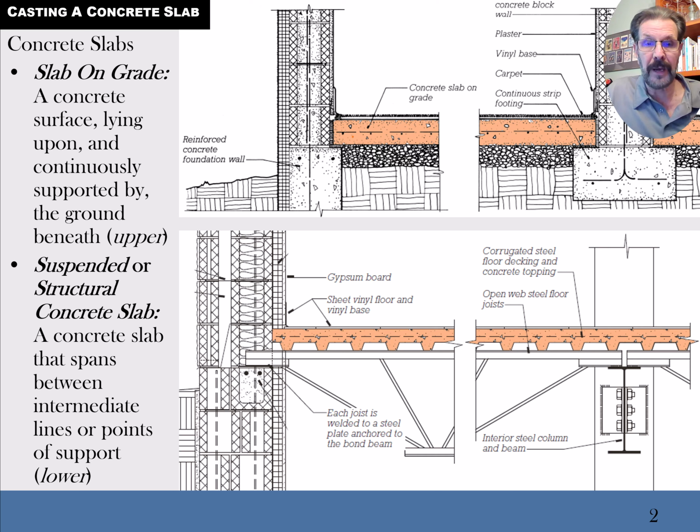So down here at the bottom, maybe we should flip them, I guess, but a suspended slab, or sometimes called a structural slab, it's suspended in midair. Well, not by itself, it's sitting on something. In this diagram we're looking at down at the bottom, we're dealing with a suspended slab that's sitting on top of an open web steel joist, or a bunch of them.